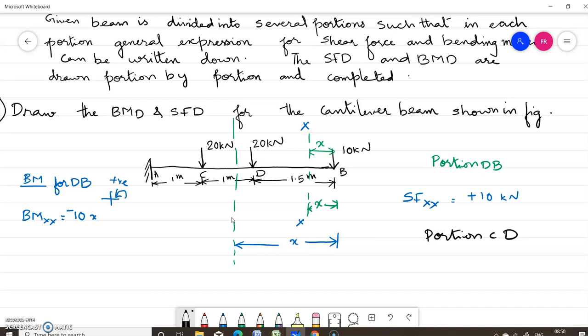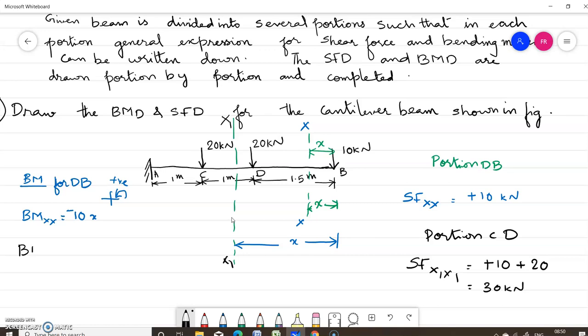What is the shear force? Shear force at X1 is equal to, right downwards is positive, plus 10 plus 20. So this is equal to 30 kilonewton.